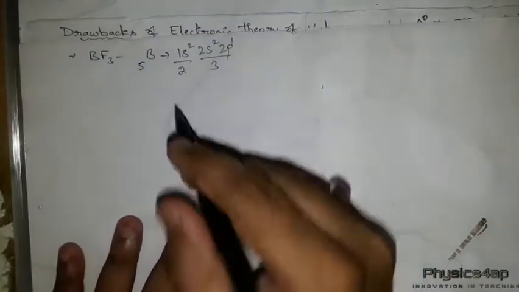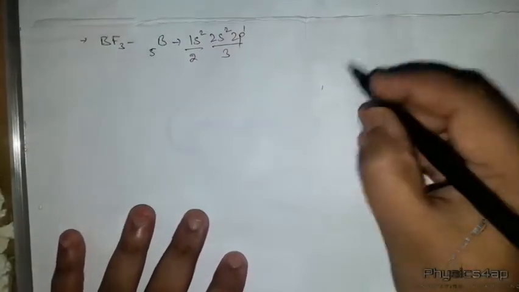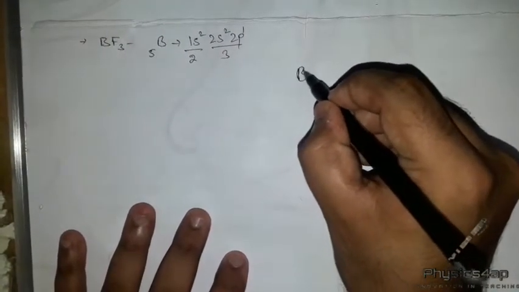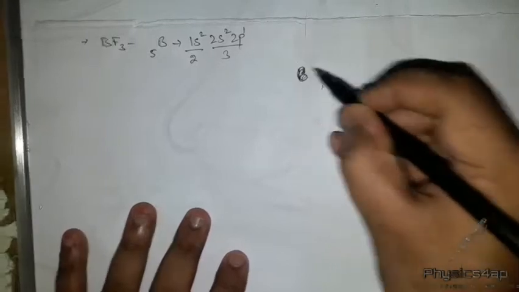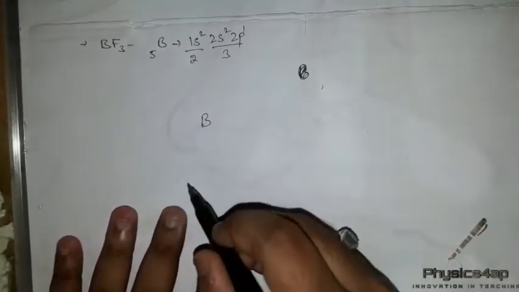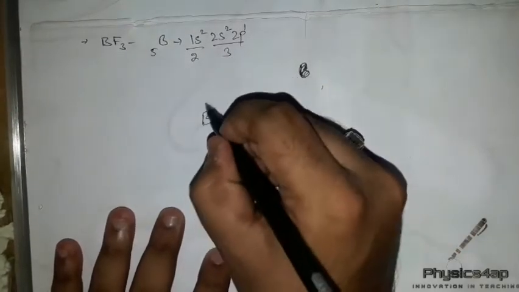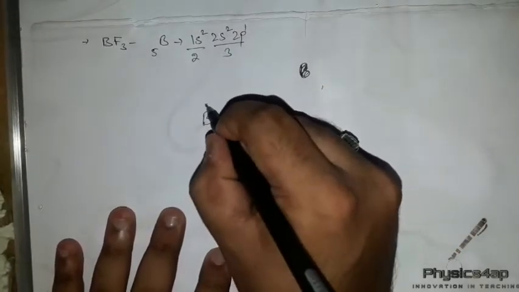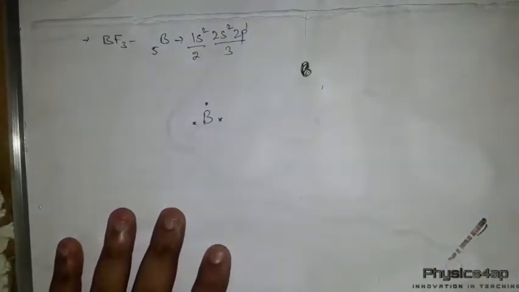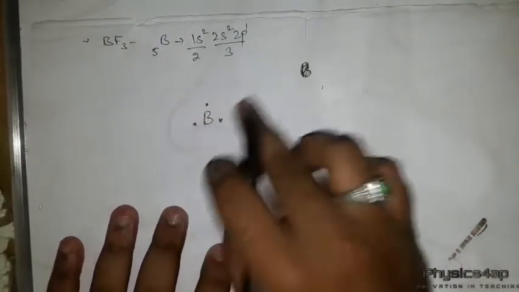So when we draw the boron dot structure, this is the boron, and we draw the dot structure as 1, 2, 3, in 3 places. So we have drawn the 3 dot electrons.